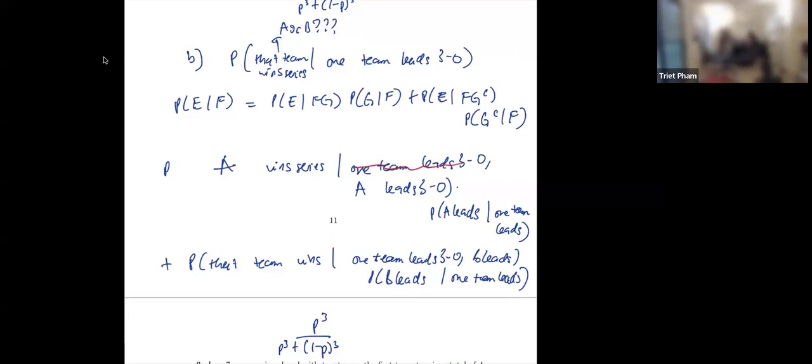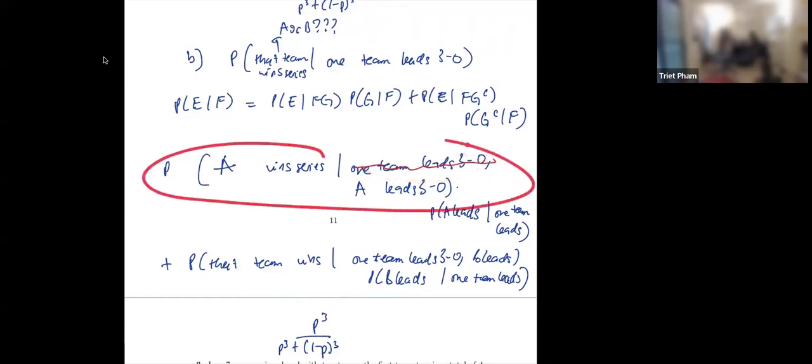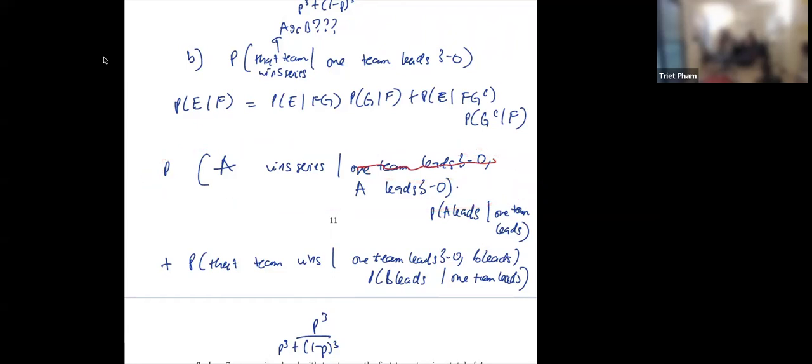I'm being economical, reusing this expression, but in a solution you should write a next line and change it like this. Basically, you change this to this probability. Why? Because the information that A leads allows you to rewrite all the other information in terms of A. Does that make sense?